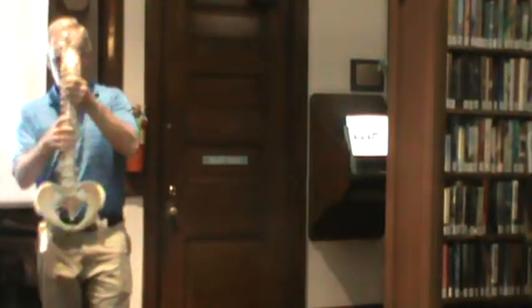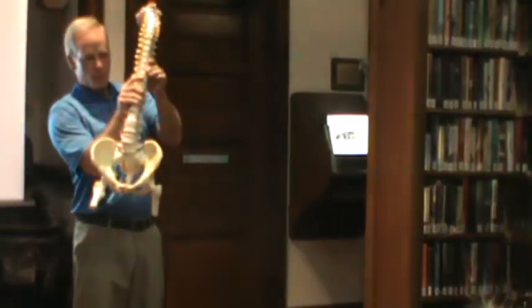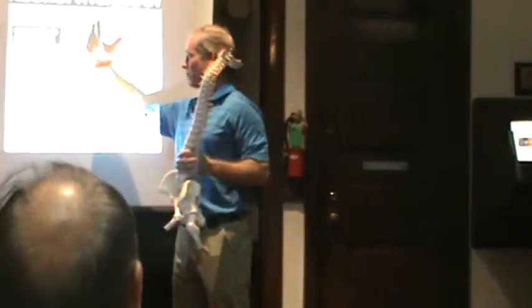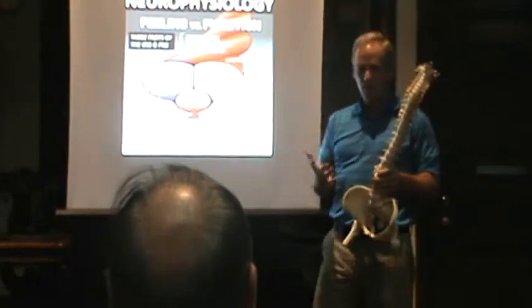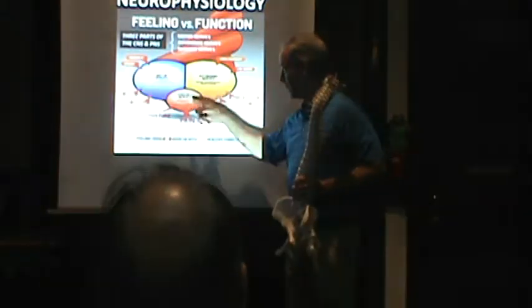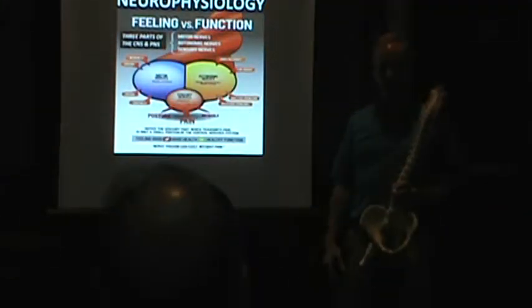Okay, so depending, when there's a misalignment and there's pressure on that nerve, depending on which part, it can affect all 3 parts of the nerve, 1 part, 2 parts, 10% of a motor nerve, maybe 30%. Any combination can occur with a misalignment. The only time we will feel it is if it hits that pain portion.